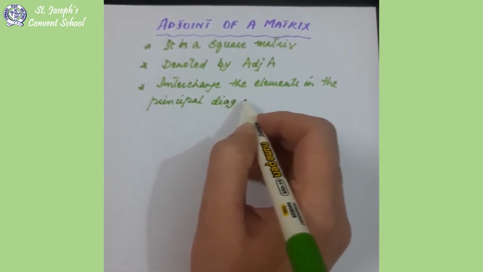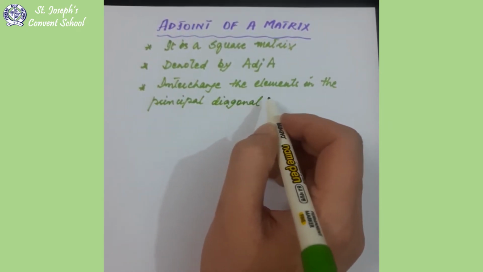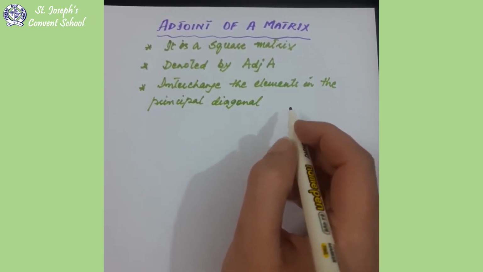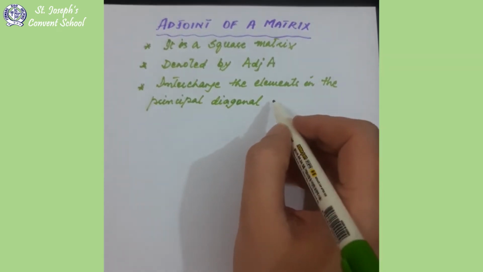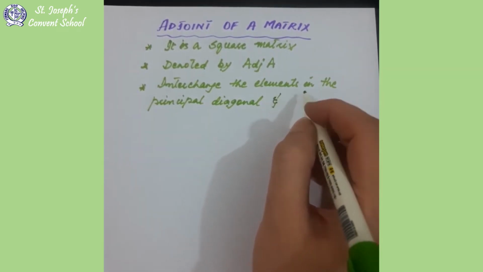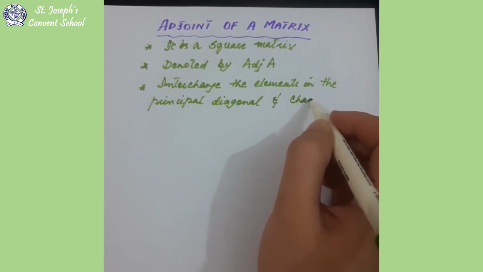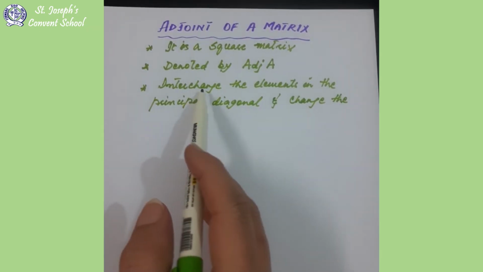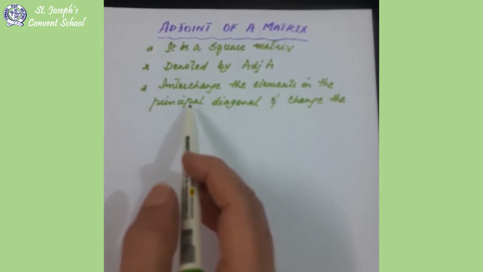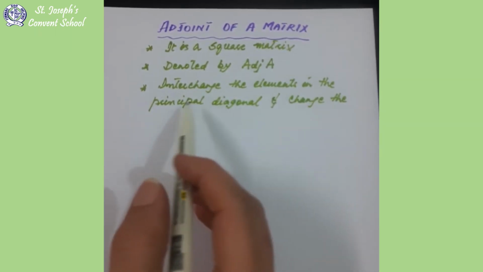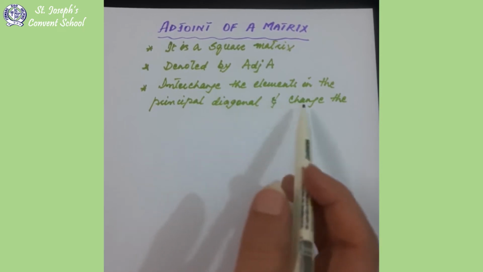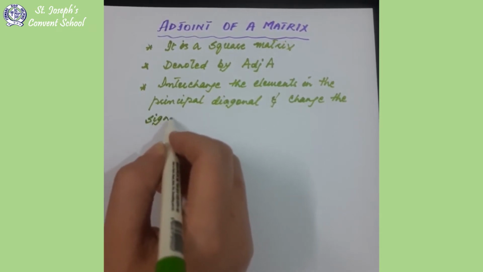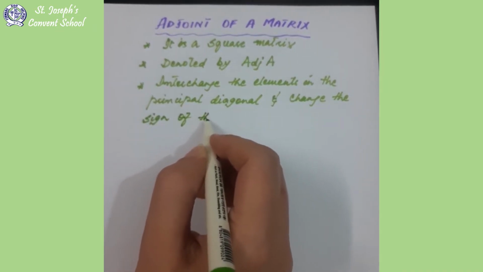Diagonal elements, first and last. First and fourth are principal diagonal elements, so you interchange their places, and after interchanging you have to change the sign. First part is interchange the place of principal diagonal, first and fourth element. Second part is you have to change the sign of the other elements.